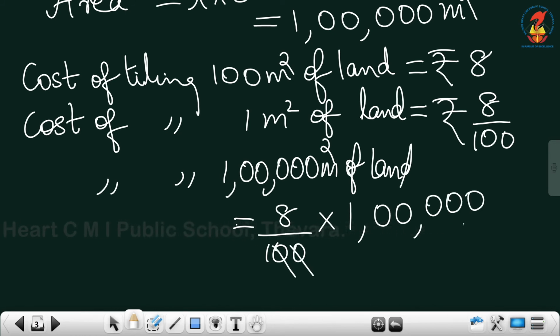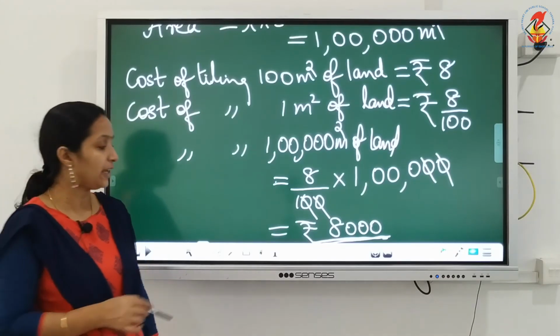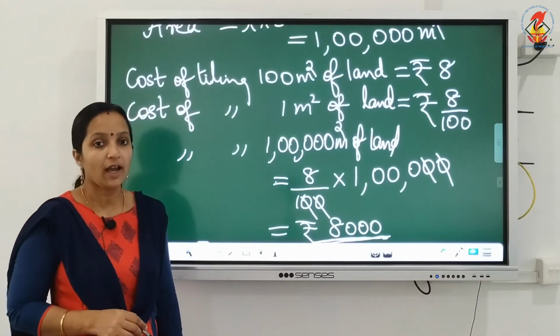So cancel 2 zeros. So what will be the answer we will get? 8 into 1000. What is the answer? Rupees 8,000. So what is the cost of tiling 1 lakh meter square of land? Rupees 8,000. I hope it's clear.